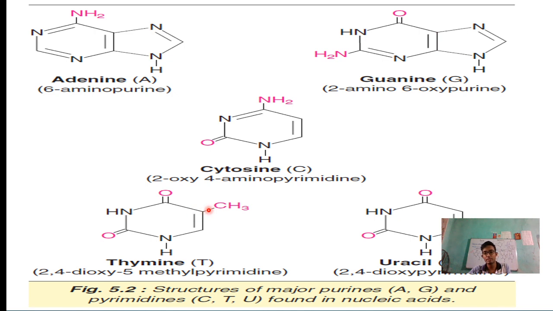But it is very interesting to know that if I cut this methyl group from here, you get the uracil structure. All is the same, but if you cut this CH3 or methyl group, you get uracil. So this was the general structure of the major nitrogenous bases.